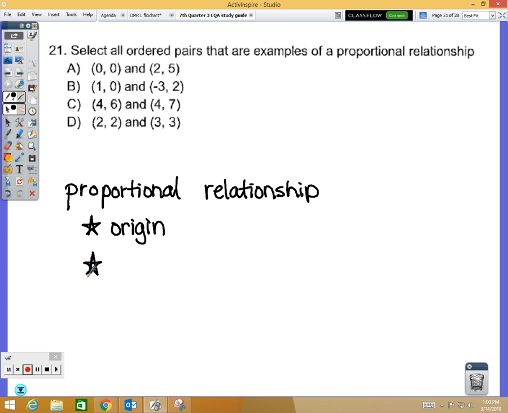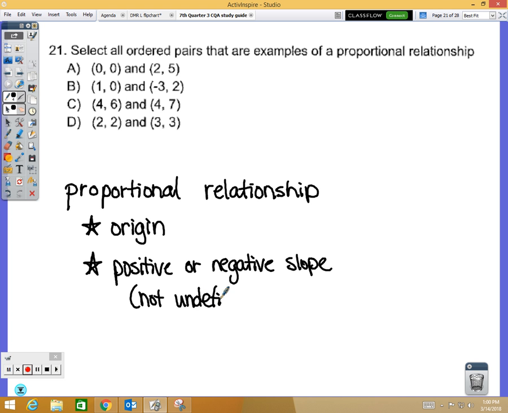And secondly, it needs to be either positive or negative slope. It cannot be undefined or 0. So undefined, as a reminder, is straight up and down. 0 is straight across.